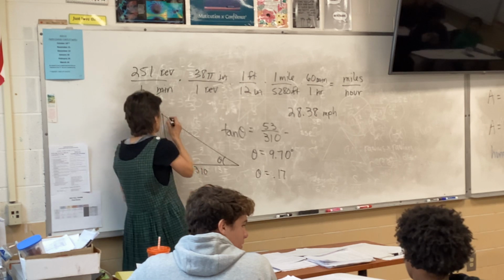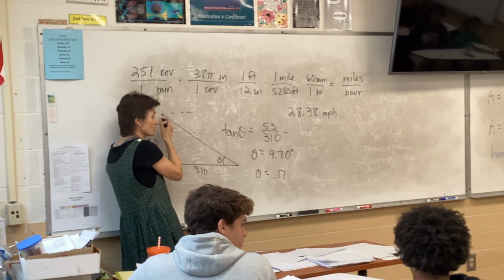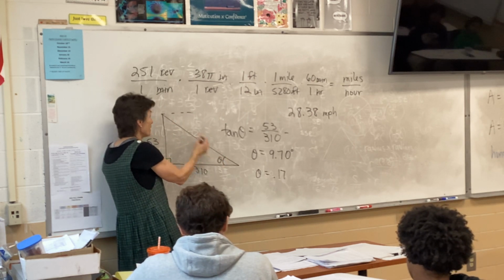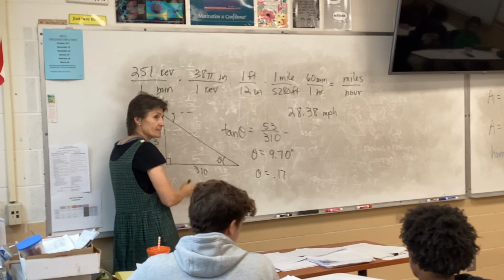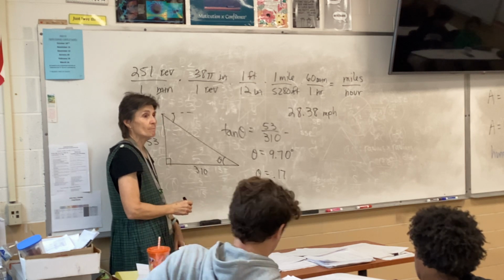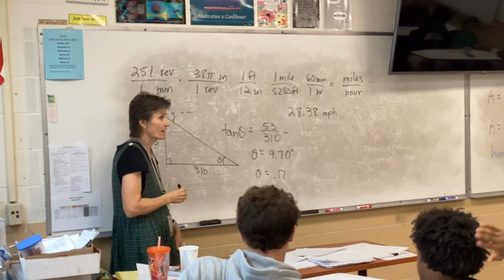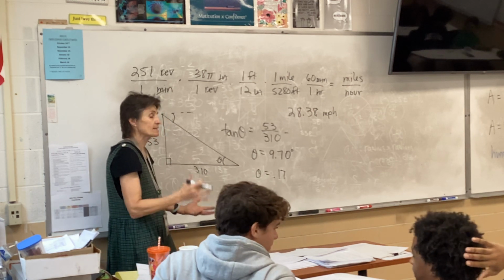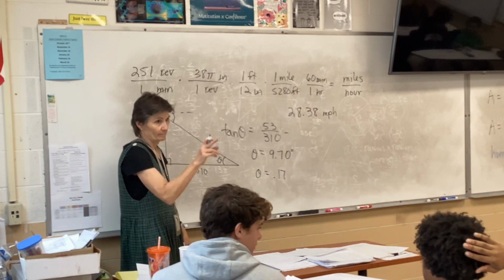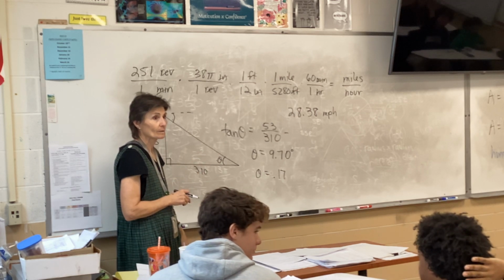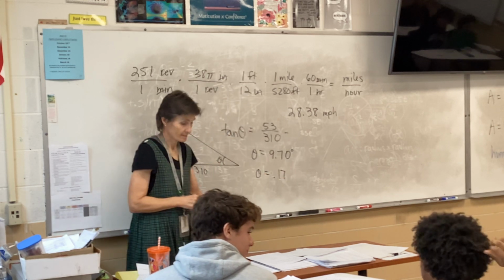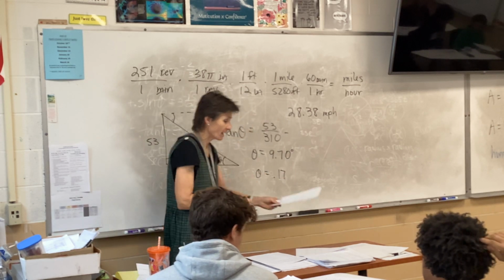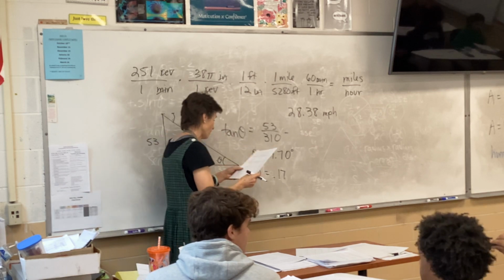But look, if there's a bird at the top of this tree looking down at the sky, this would be his angle of depression, and that is exactly the same as the angle of elevation because they are alternate interior angles. So they are the same angle. Did we write 0.17 radians at the end? No, if there's no unit, it means radians. Yep. All right, wait, guys, we gotta get through this, come on.